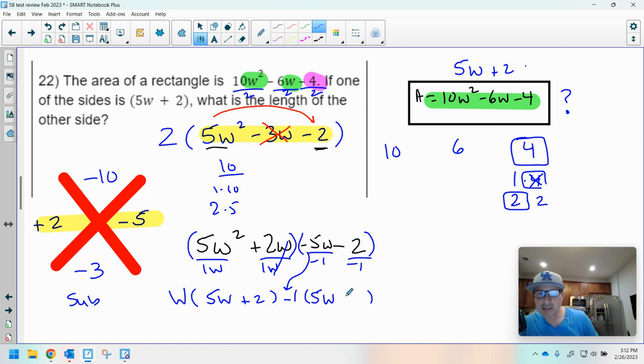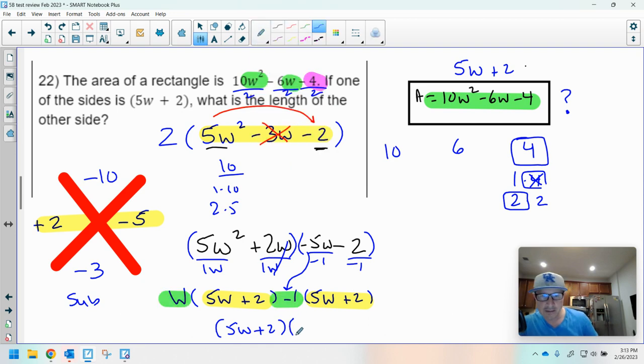Negative 2 divided by negative 1 plus 2. All right. You know your two answers. One of your answers is the parentheses, so one of them is 5w plus 2. Your other answer is what you have if you got rid of the parentheses, which is going to be w minus 1.